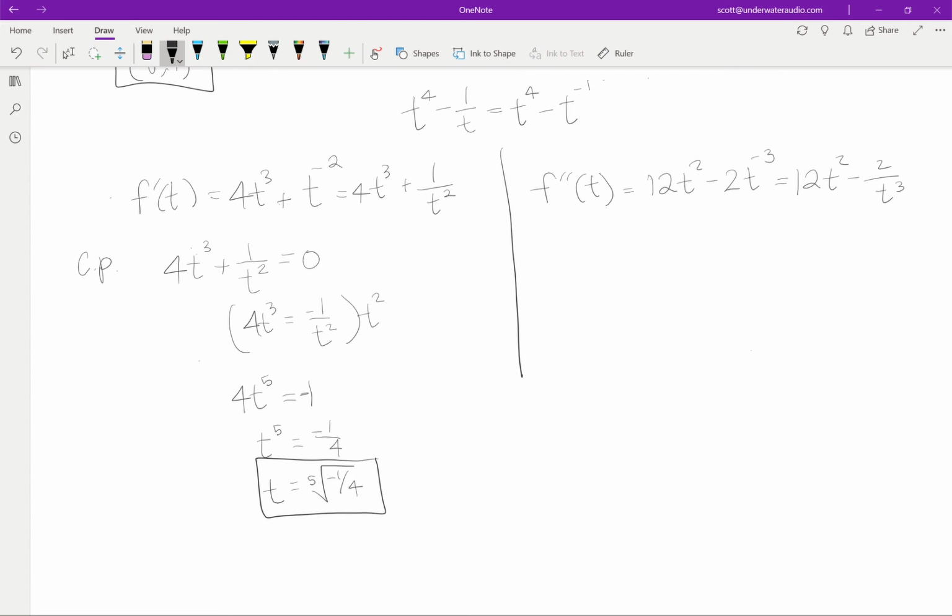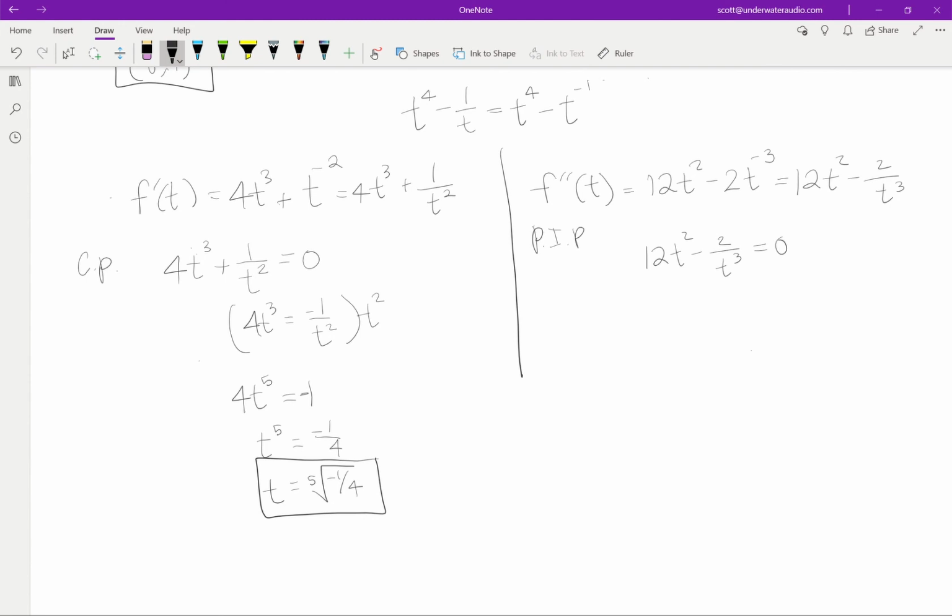And now I'll find my possible inflection point. The way to do that is by setting the second derivative equal to 0 and solving. So again, I do need to think about where it's not defined, but the only place that happens is when t equals 0, because that's division by 0, and I already knew that wasn't in the domain, so we're good to go.